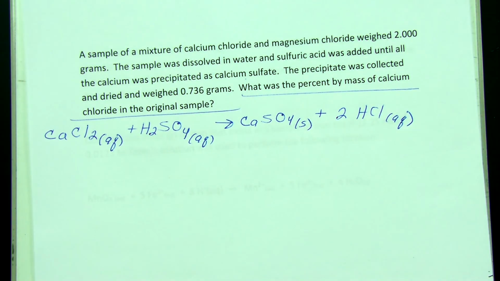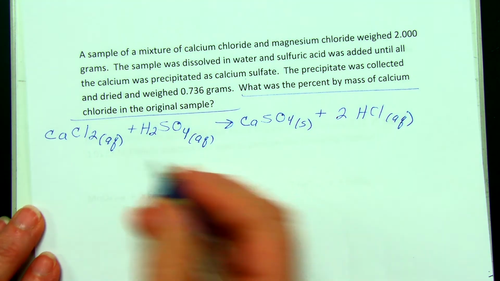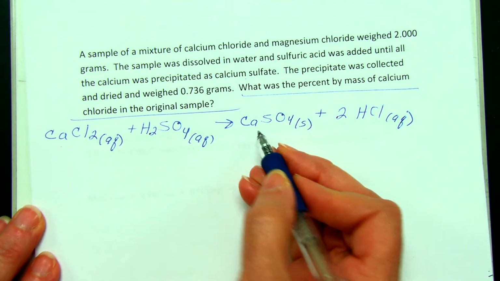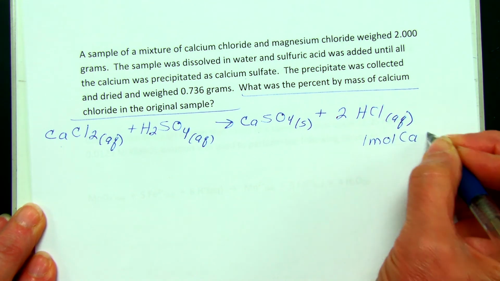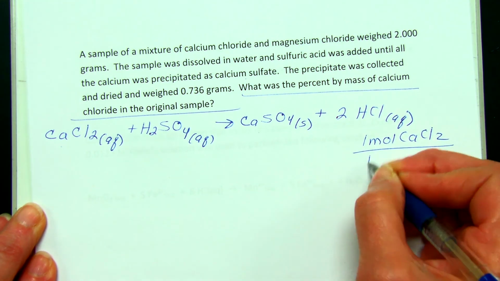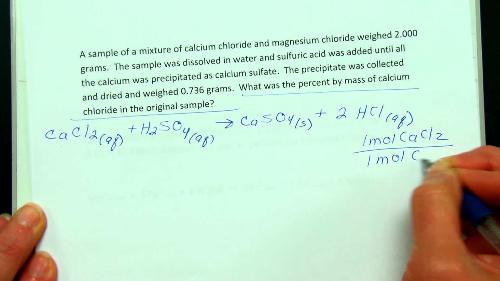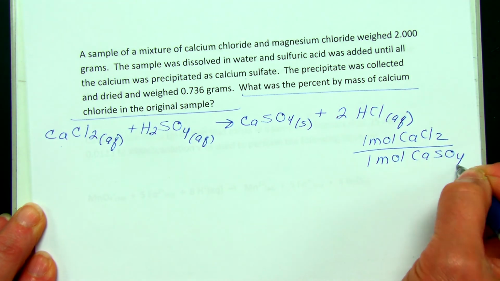So there's my balanced equation. Now, looking at my balanced equation, calcium chloride to calcium sulfate is a 1-to-1 ratio. 1 mole of calcium chloride gives me 1 mole of calcium sulfate.